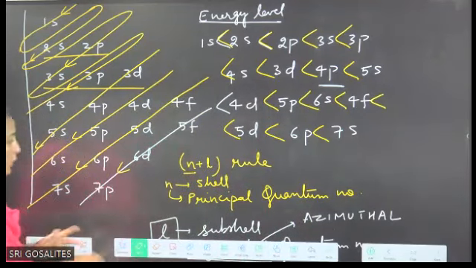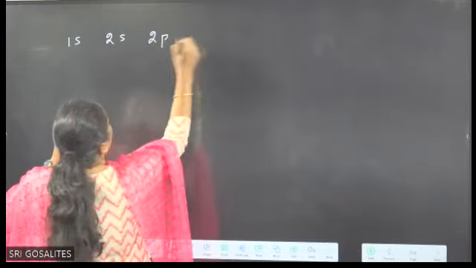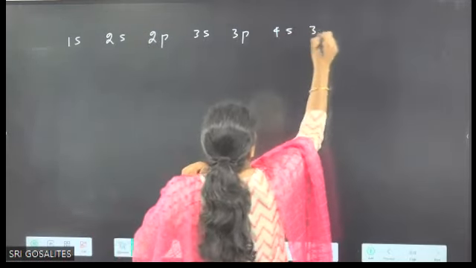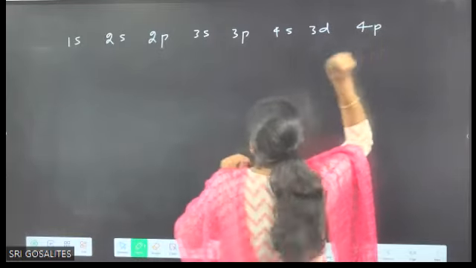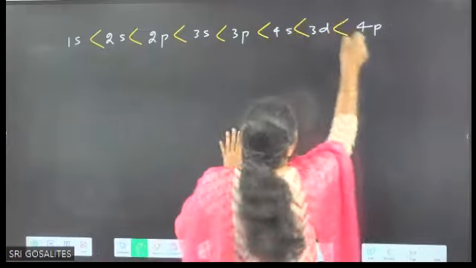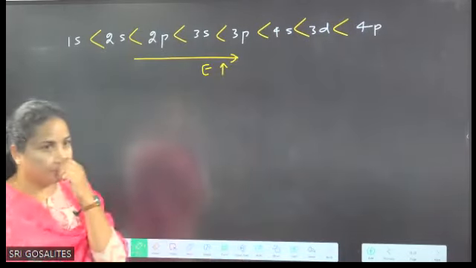Now, let us practice some here. For your ease, I'm writing 1s, 2s, 2p, 3s, 3p, 4s, 3d, 4p. I'm just writing only these. That's how energy increases. Are you able to see this?